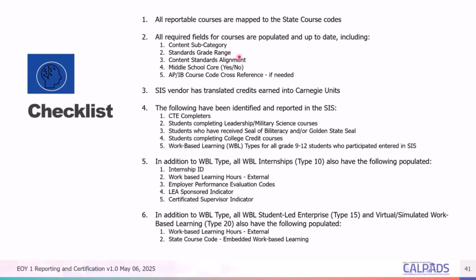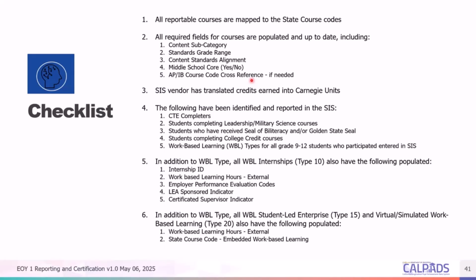And then, of course, alongside the grade range is your content standards alignment code, telling us if the course is meeting the current standards or the old standards. Then your school core, if it's a yes or no indicator, and then AP/IB course code cross-reference if needed.